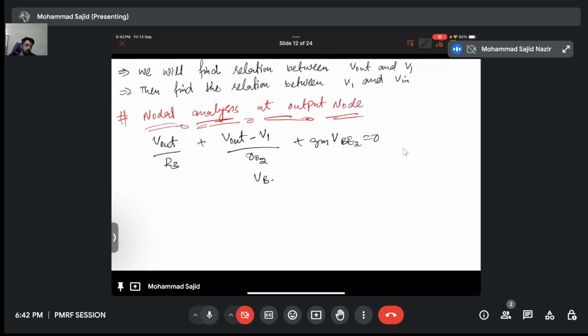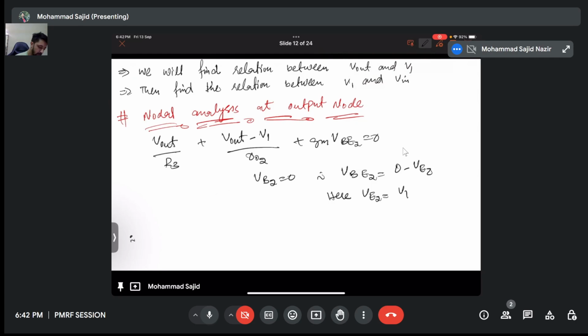Again, VB2 is 0, therefore 0 minus VB2, and here VB2 is V1.